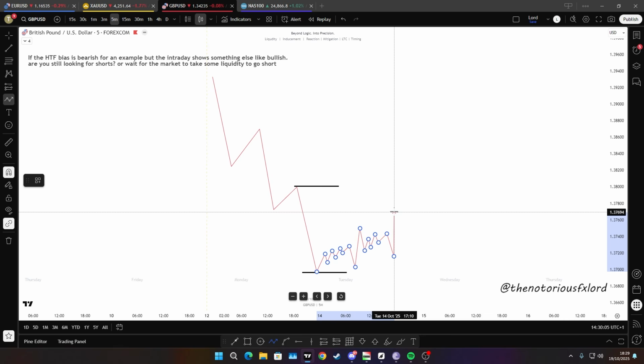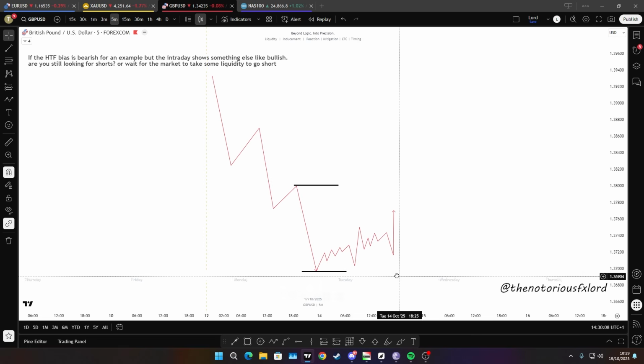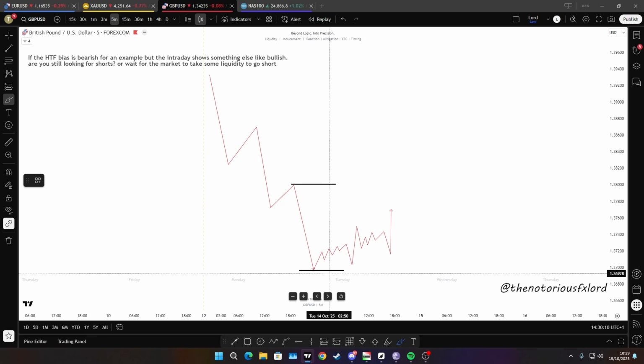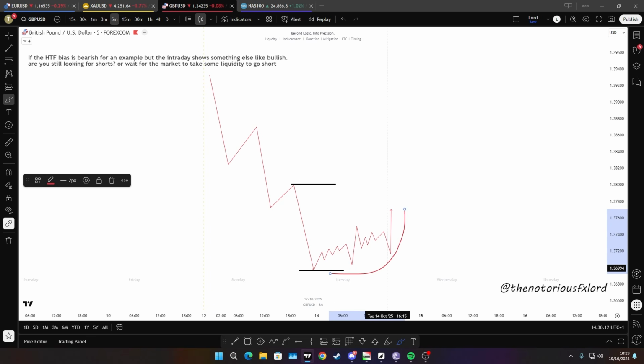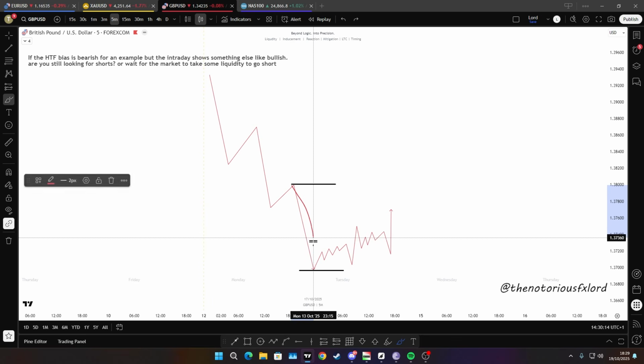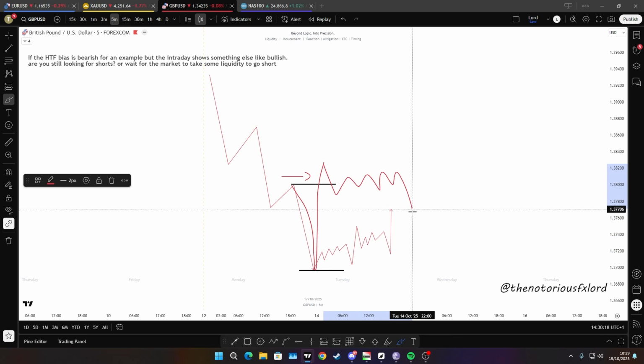Still we don't have much data to say that this is the point of reversal, till we have some high time frame leg being broken, and then we see an inducement to confirm the high time frame change of direction.